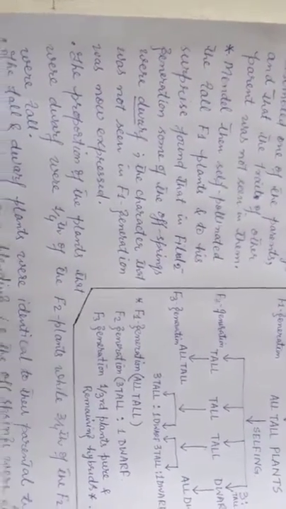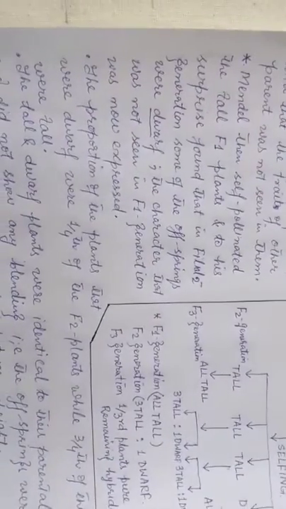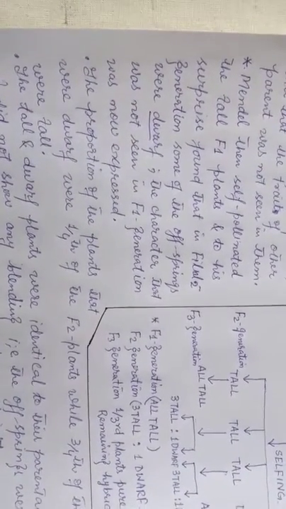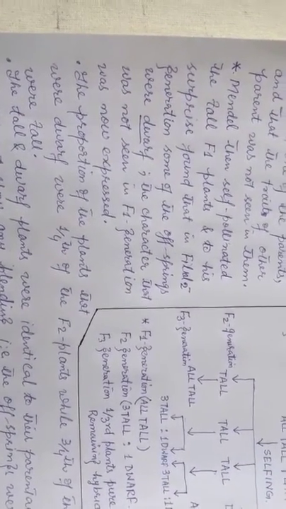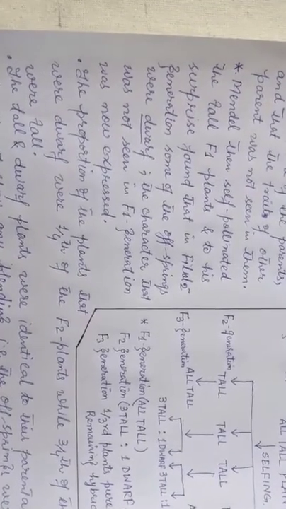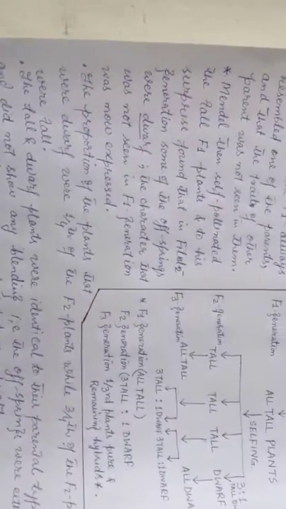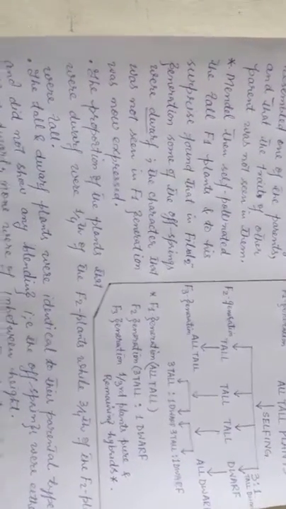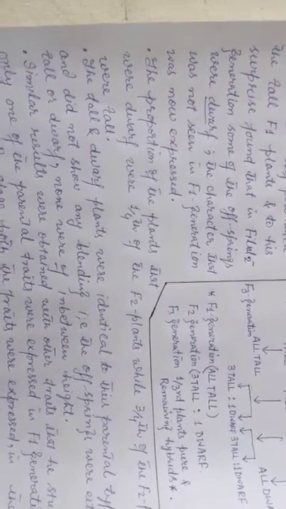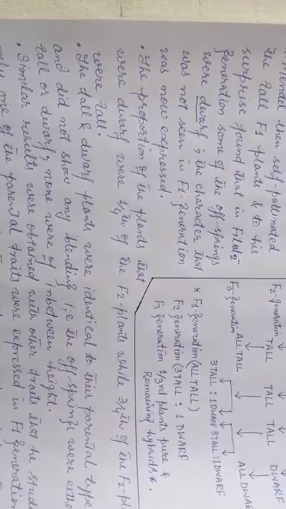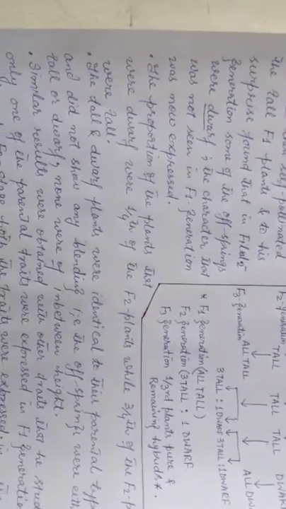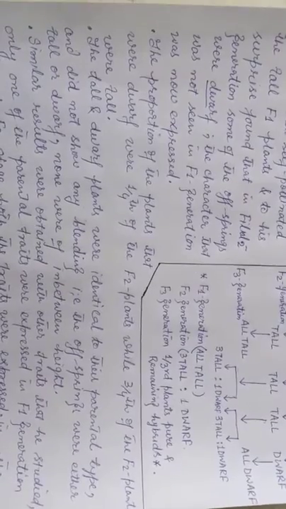Hope you understand this. I may repeat this. The proportion of the plants that were dwarf was 1/4 of the F2 plants, and 3/4 of the F2 plants were tall. The tall and the dwarf plants were identical to their parental type. This is to be mentioned here.